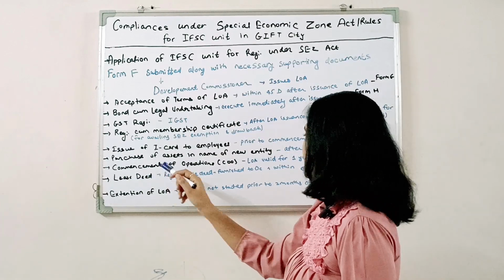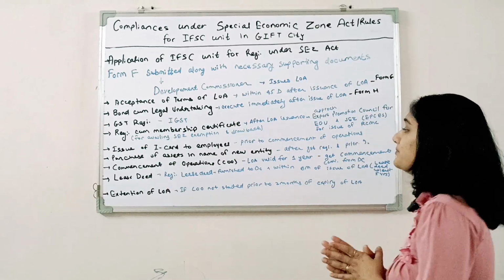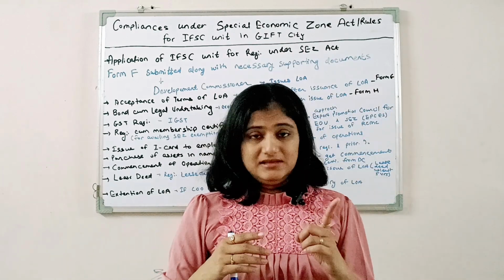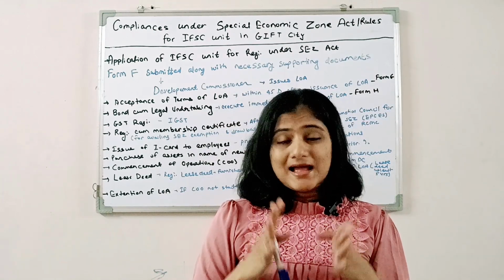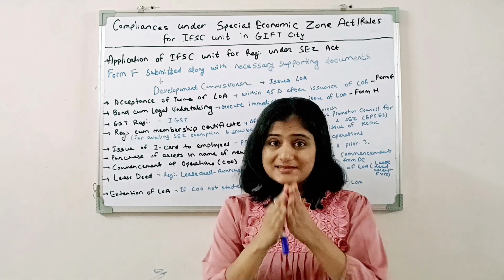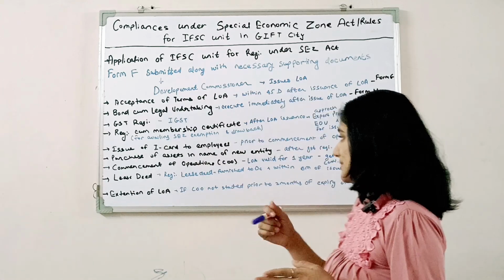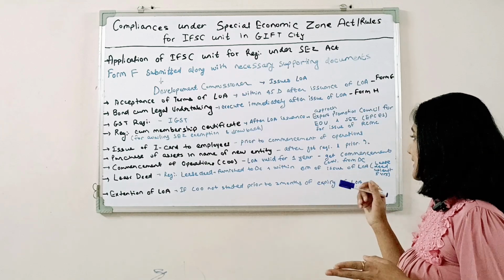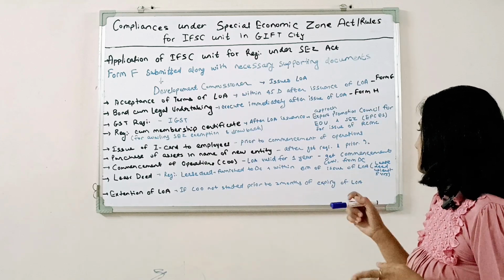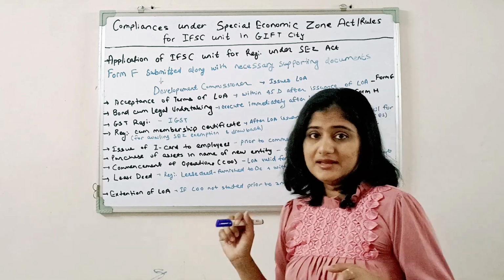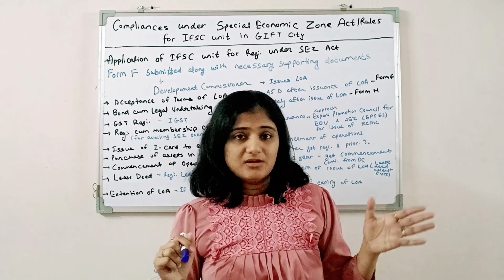Next, commencement of the operations, that is COO. So the validity of letter of approval is 1 year. The unit has to commence its operation within a period of this 1 year, and post commencement of its operation, the unit has to apply for getting the commencement certificate from the Development Commissioner.